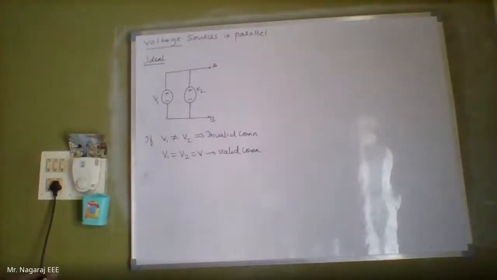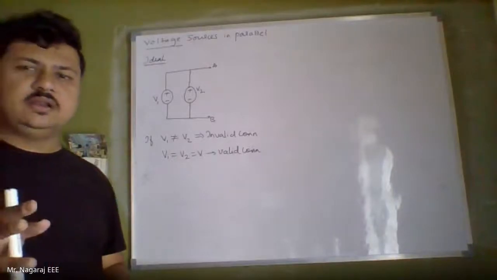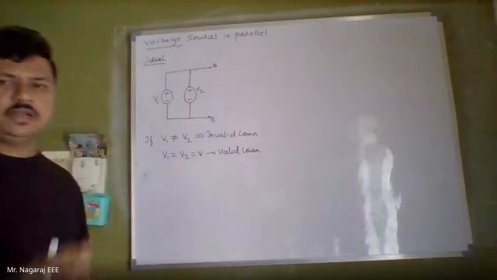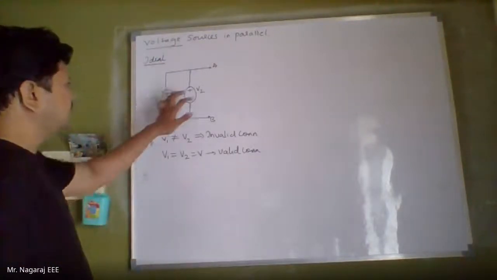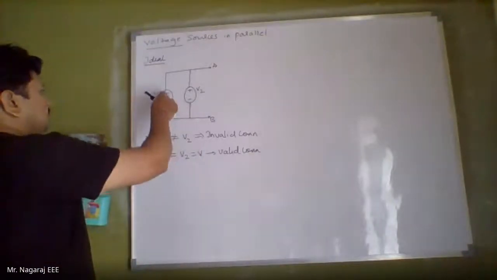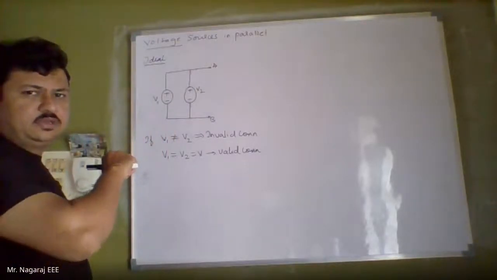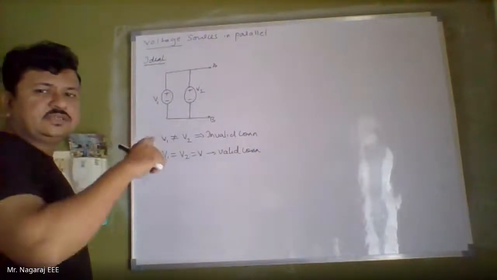Okay, I can connect two ideal voltage sources in parallel, no harm, but provided both values should be of equal magnitude. Now what if they are different? If V1 is very large compared to V2, then observe there is a potential difference in this loop and the resistance of the loop is 0.